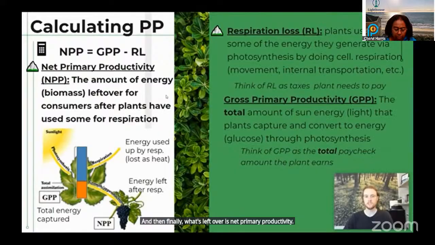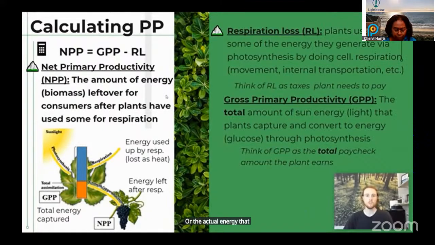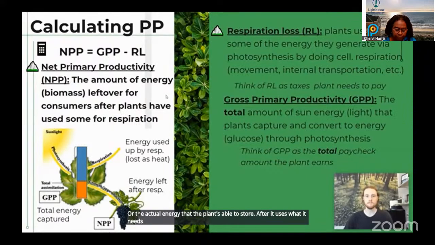And that is the energy that's left after respiration. So this is energy that can be stored as sugars in the plant's fruit or in growth in its biomass. So trees adding bark to the outside of their trunks, or trees that add extra leaves, or the leaves grow bigger. All of that represents net primary productivity, or the actual energy that the plant's able to store after it uses what it needs for cellular respiration.